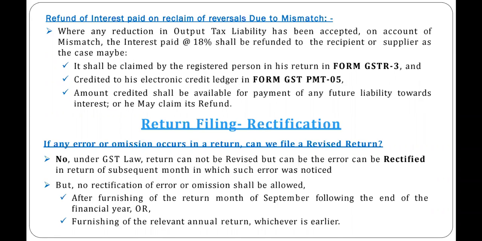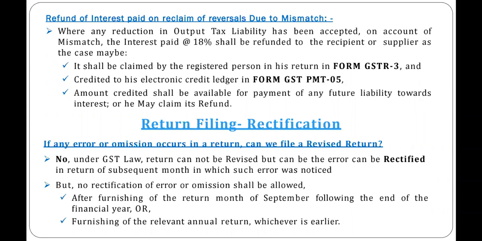Rectification means the form you have sent is already sent. You can't rectify the form which you have sent. In the coming month, whatever errors were there, you can notice and correct them.